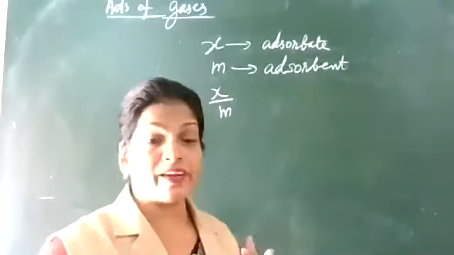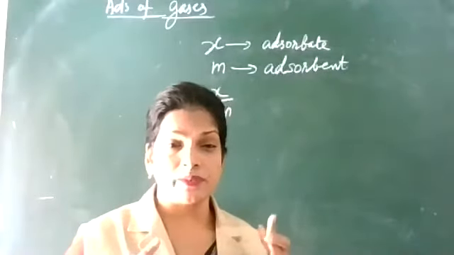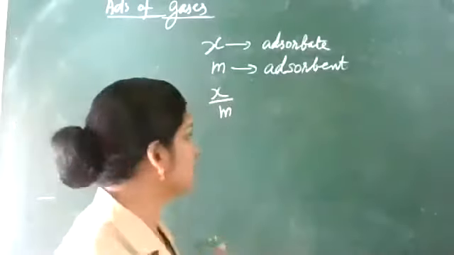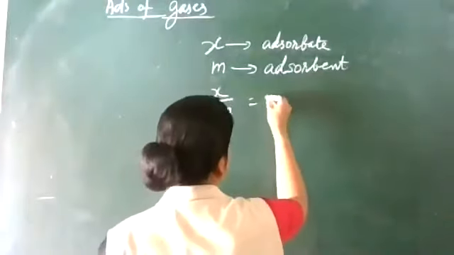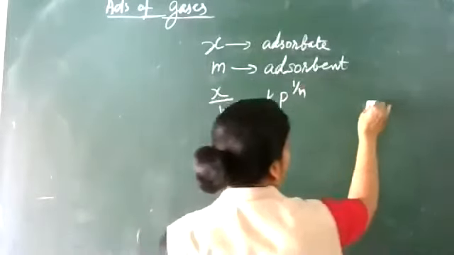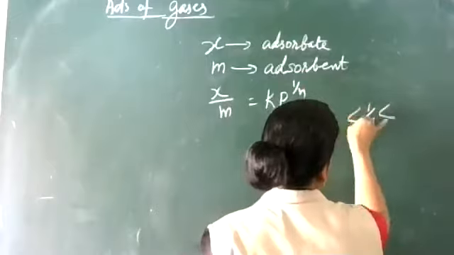A scientist, Freundlich, gave a relation between the pressure and the extent of adsorption: x by m equals k P to the power 1 by n.